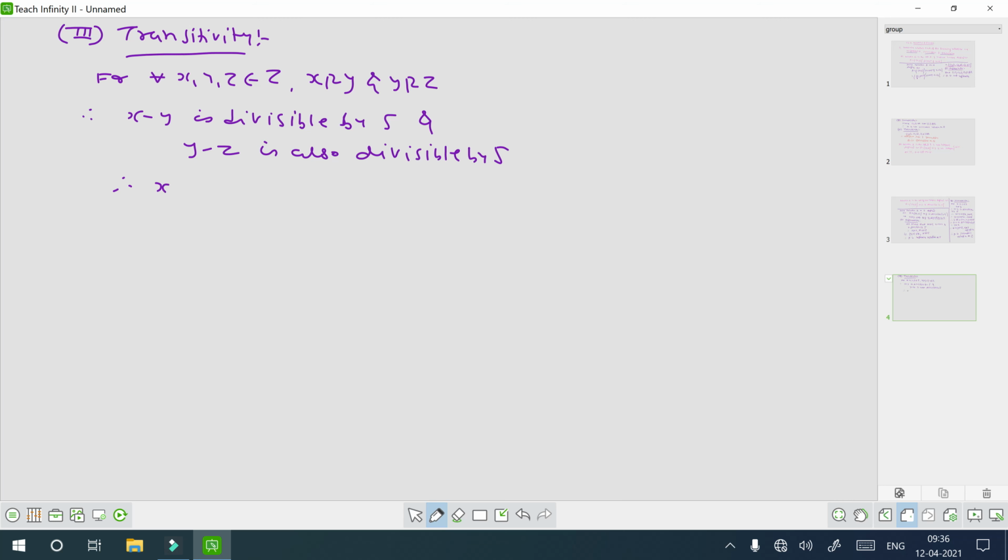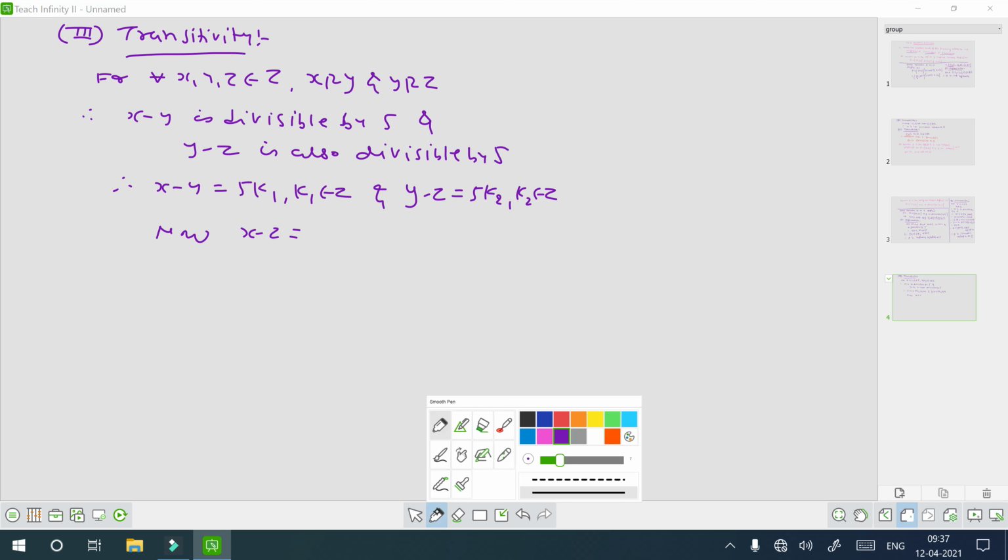That means x minus y is a multiple of 5. Let us take x minus y is equal to 5k1, k1 belongs to Z, and y minus z is equal to 5k2, k2 belongs to Z. Now our aim is to check whether x minus z is a multiple of 5, yes or no? Now let us consider x minus z. This one is important for us.